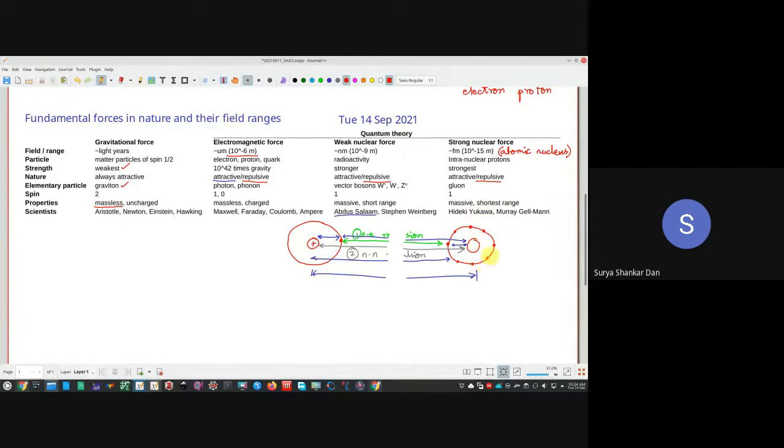Just assume that we have 8 electrons in the orbitals. It is supposed to have an equal number of protons inside the nucleus. We all know that. So I'll just draw the plus charges here: 1, 2, 3, 4, 5, 6, 7, 8.